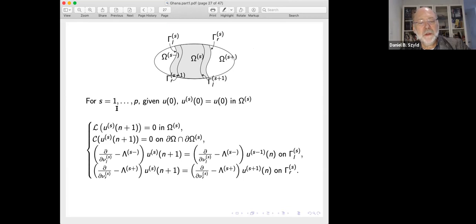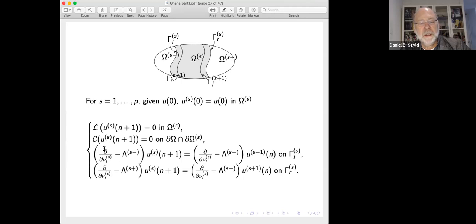My iteration says, okay, for each subdomain, at the iteration n plus 1, solve my local problem. I call this a local problem with zero boundary condition here, and with some type of Robin boundary condition here and here.